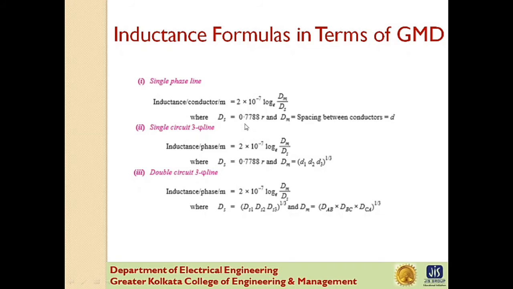Here Ds is equal to 0.7788 R and D is replaced by Dm.